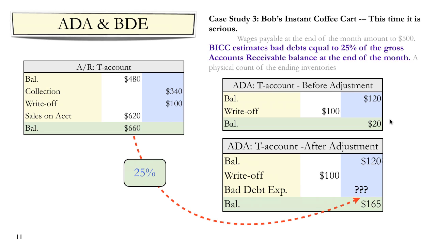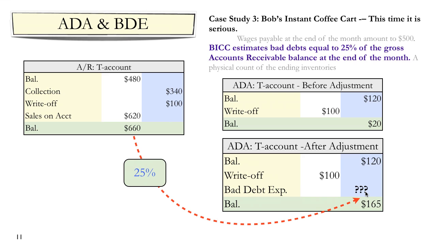So what that means is that BICC has to go from a credit of $20 in the allowance for doubtful accounts to a credit of $165 after adjustment. $165 being the 25% of $660.